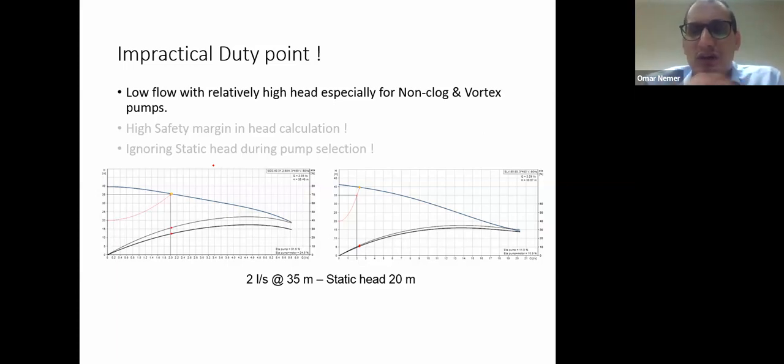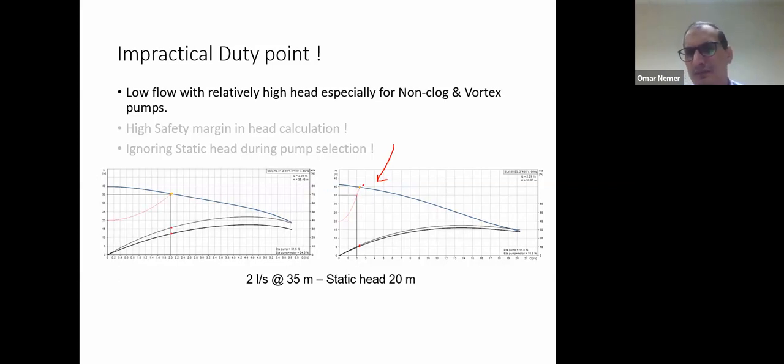That leads us to another point: when you ask for high head at small flow, it's very challenging in submersible pumps. It is very easy in normal surface water pumps, but very critical for submersible pumps. For example, when somebody is looking for 2 liters per second at 35 meter head, this is the best thing that you can find in a submersible pump.